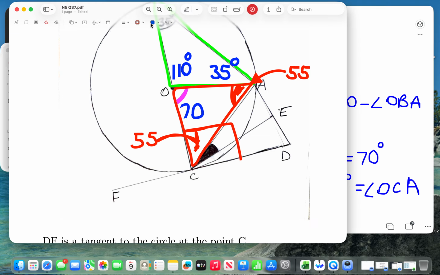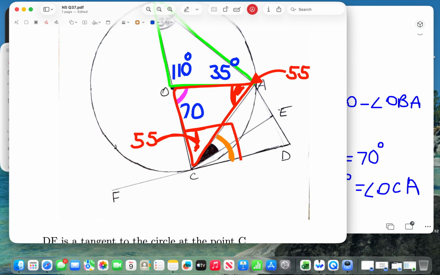And so what that then means is, I'll do this in orange this time, that this angle must be 90 take away 55.